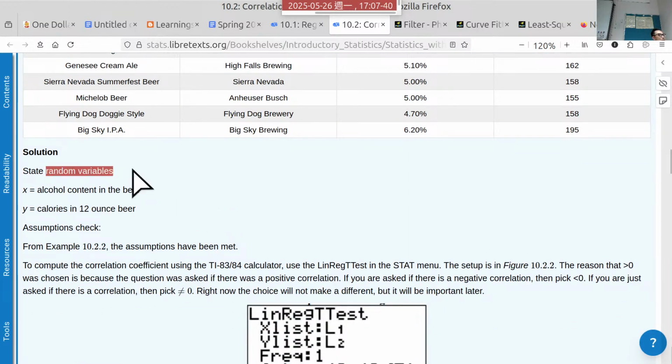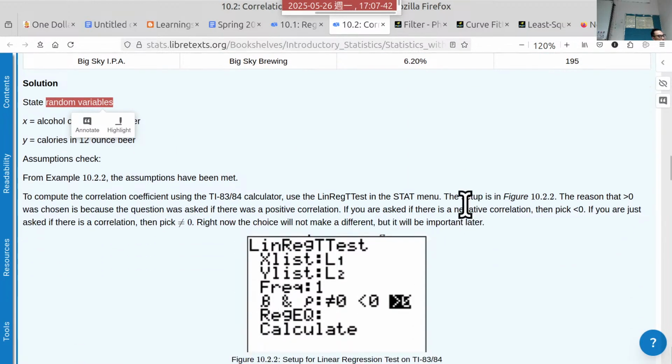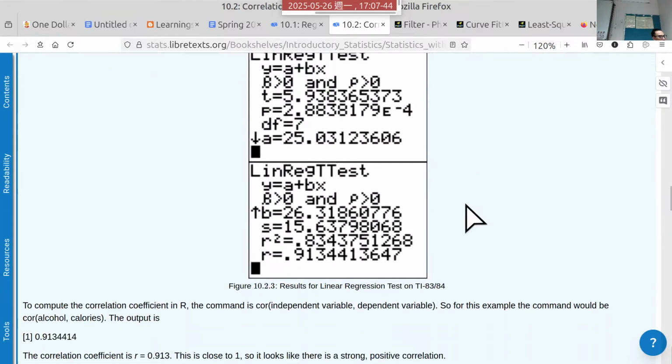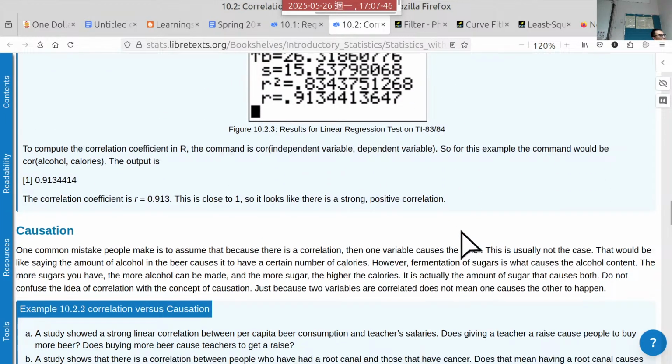And state the random variable, like this one. And then, after the calculation, we got R, not R squared, the R value 0.9, and this is close to 1.